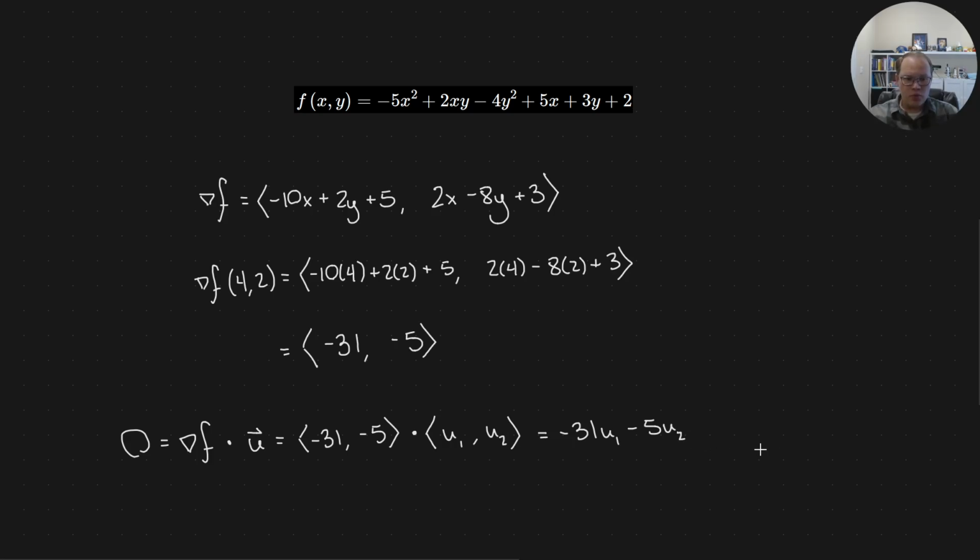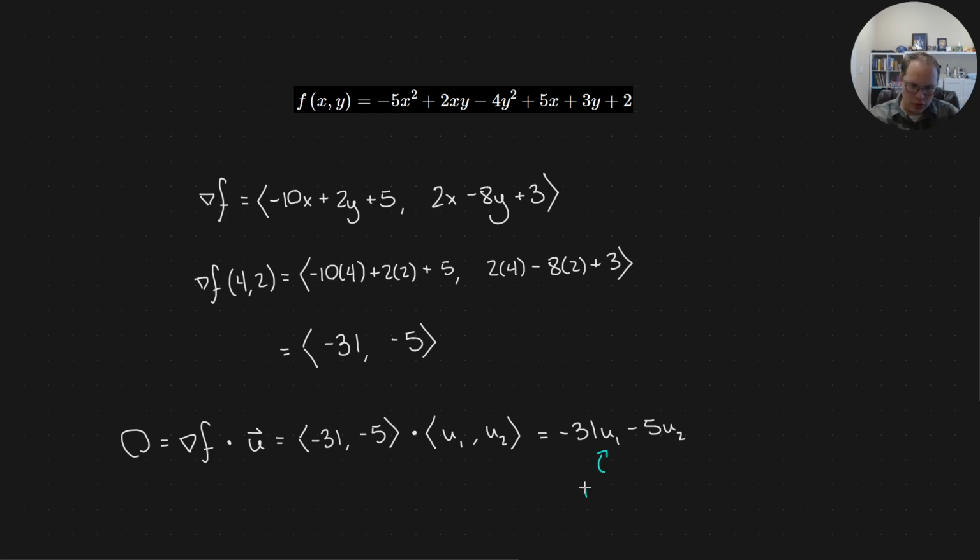The easiest way to find a vector that's orthogonal to a two-dimensional vector is to choose u1 and u2 so that the values are the opposite of what we have here. So I'll take 5 to be u1, and then just make sure that these two have opposite signs.